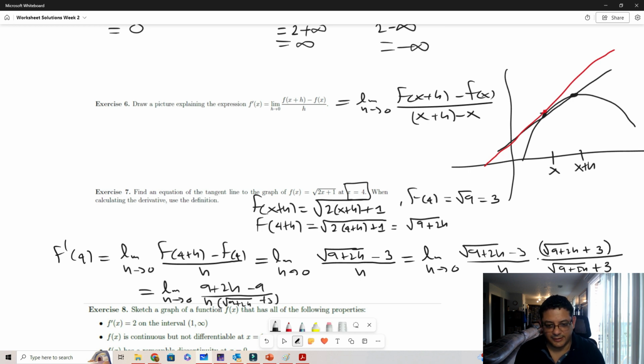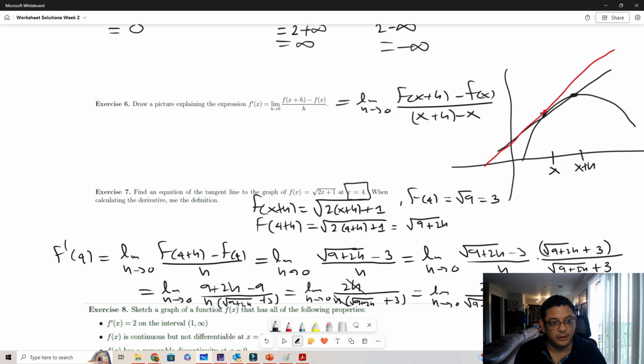So the 9 gets cancelled with the 9. And on the next step, I'm going to be able to cancel out the h. And so the problem of having a 0 on the denominator is going to disappear. So I can eliminate this. I have the limit when h goes to 0 of 2 over the square root of 9 plus 2h plus 3.